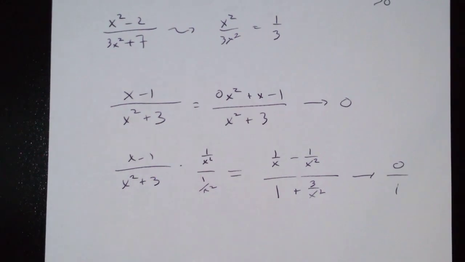If the power on the top is bigger, I don't have a horizontal asymptote. That's it. All I have to do is look at the highest powers. That only works when I'm working with a rational function.